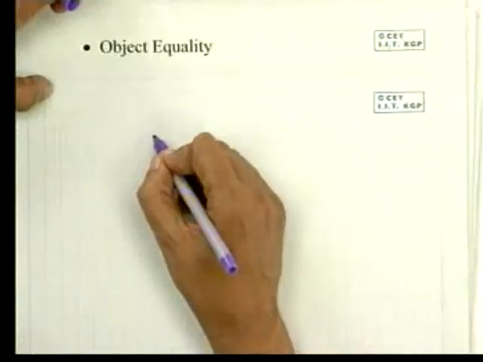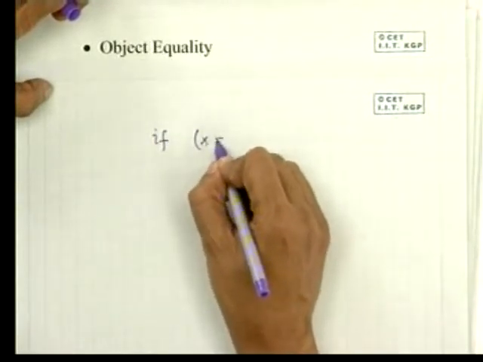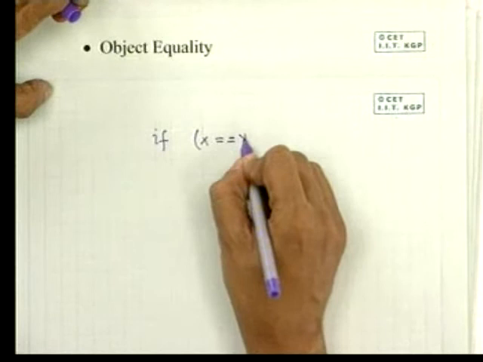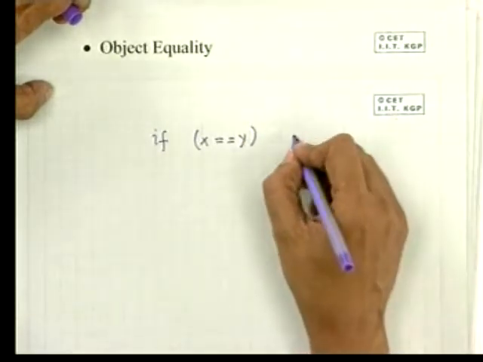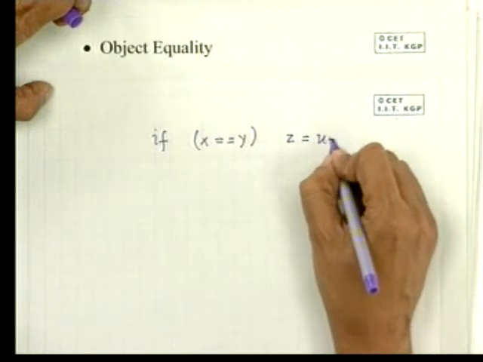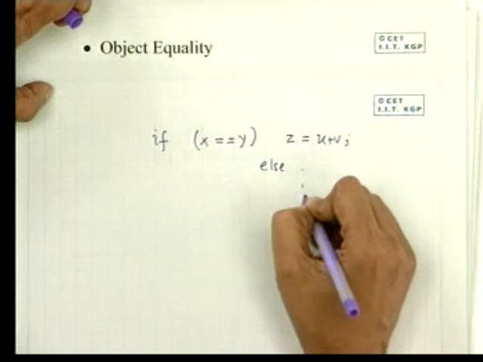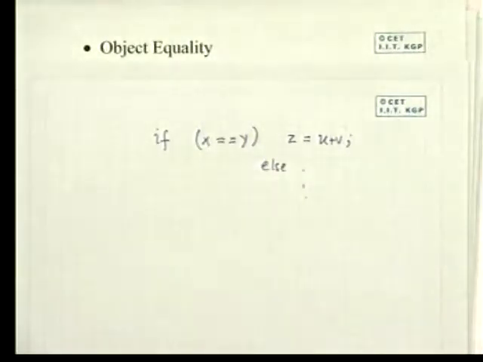If you remember in programming languages like C, we say that if x is equal to y, then we write z equal to u plus v, else you write something else. So this is how in any programming environment we may have to compare different variables, or a variable with a constant of the same type.